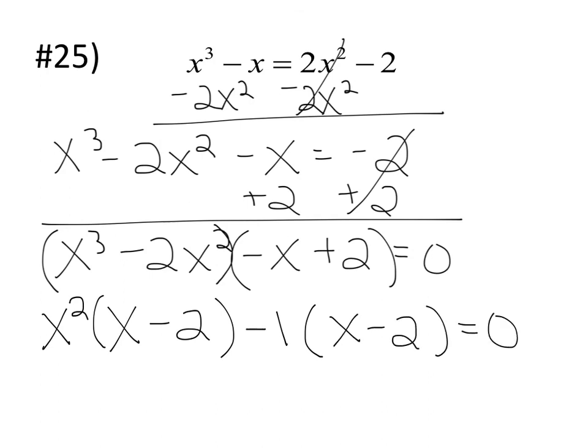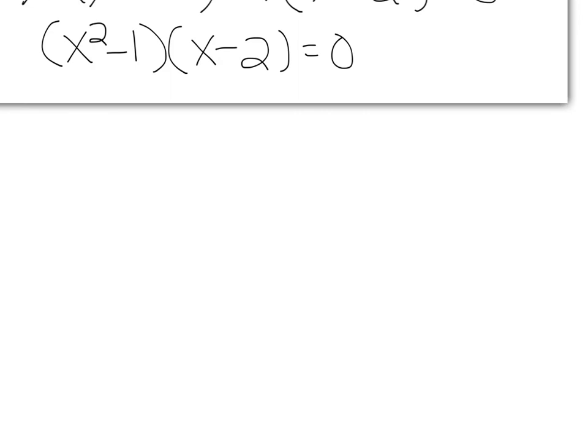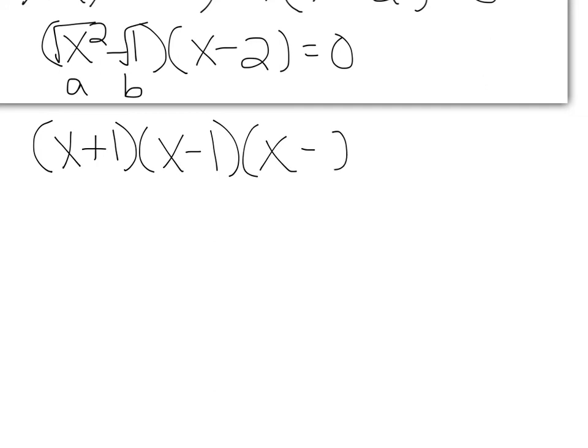So then remember, you group what's on the outside together, and then write what's on the inside. So it's x squared minus 1 times x minus 2 equals 0. And x squared minus 1 is actually difference of squares. So this will be your a, this will be your b, but you need to take the square root of it. So it's going to be x plus 1 times x minus 1 times x minus 2.